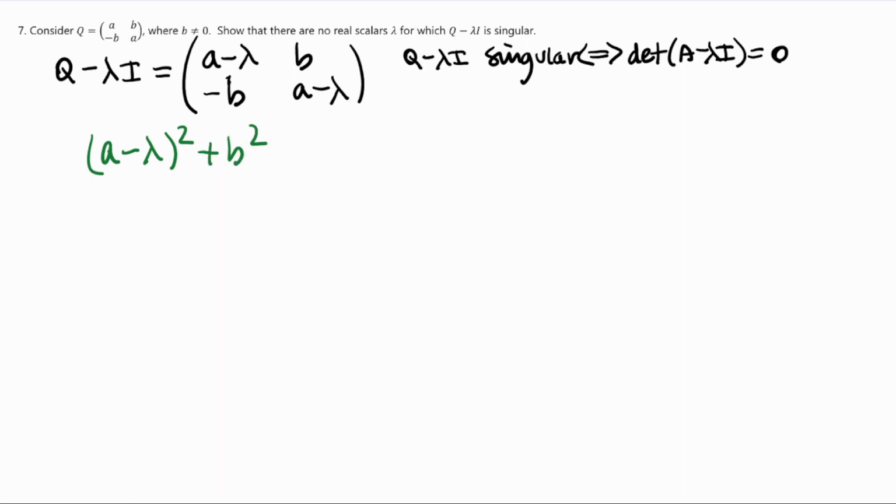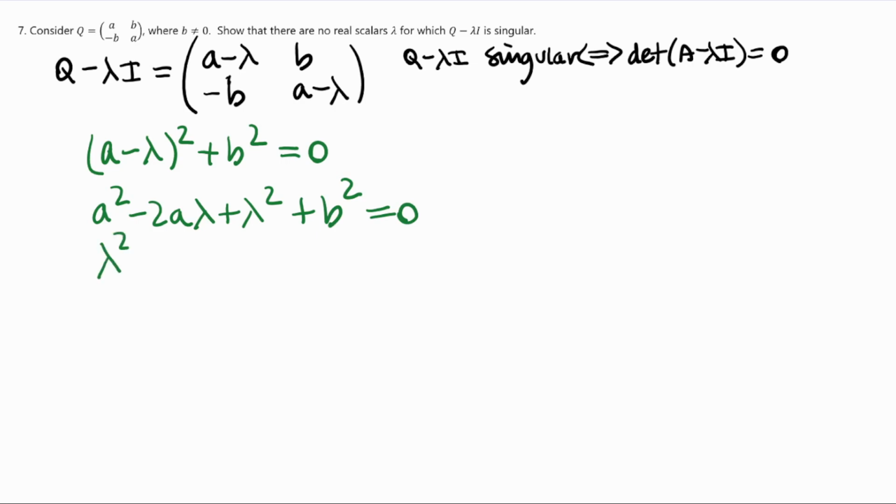And we're going to show that this equals 0 and hopefully arrive at a contradiction. Oh, yes, lambda is a real number and this equals 0. That will be contradictory. So I'm going to have a squared minus 2a lambda plus lambda squared when I square a minus lambda, plus b squared. That needs to equal 0.